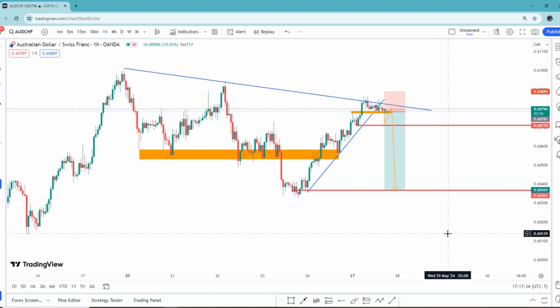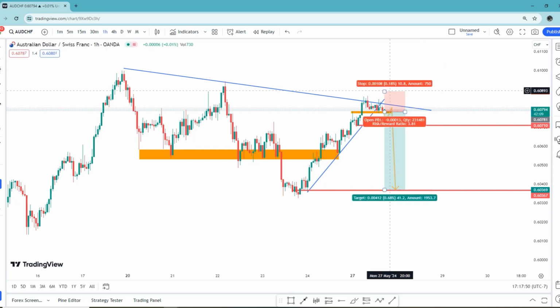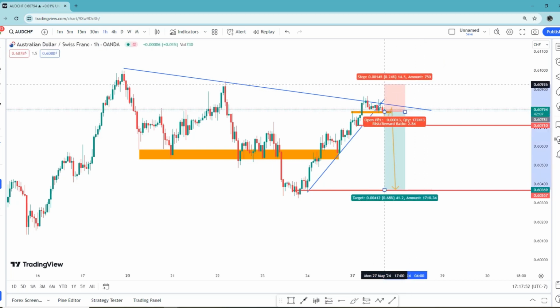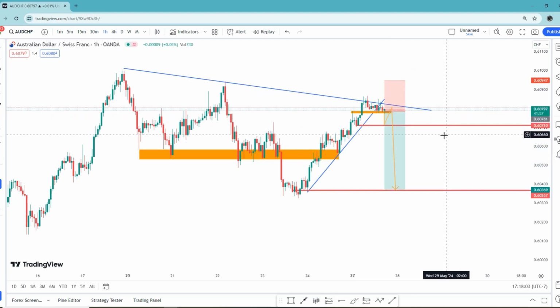So the stop loss is not going to be around this point, it's going to be around this point, because the stop loss you always put on the previous high, which is this one. So that's 16 pips.